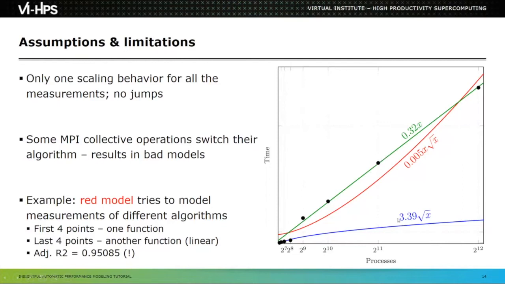So before we have the square root of x, and after this 2 to the power 9 processes, we just have more of a linear relationship basically. So that's an example of how an MPI collective operation switch can change a performance model. Generally, we assume that there are no such jumps in the performance behavior that we are trying to model.